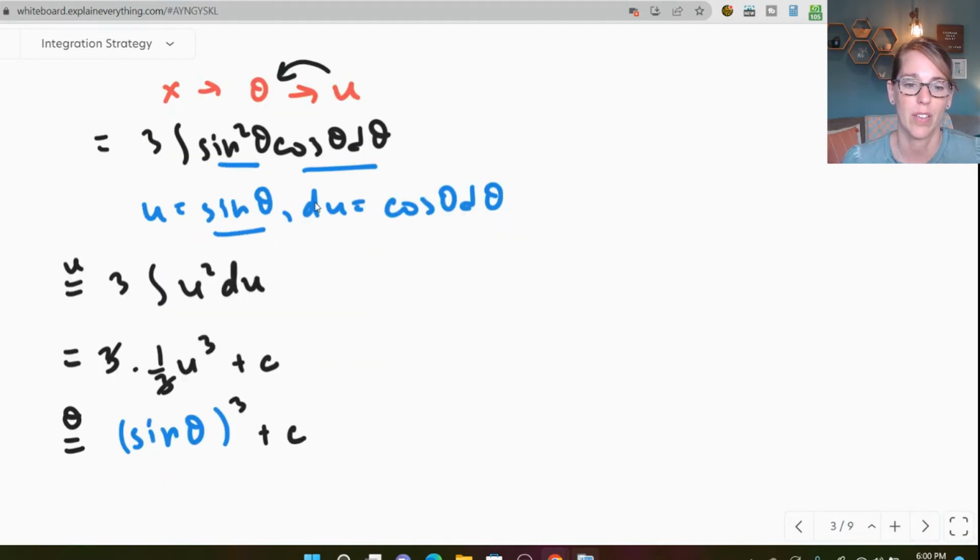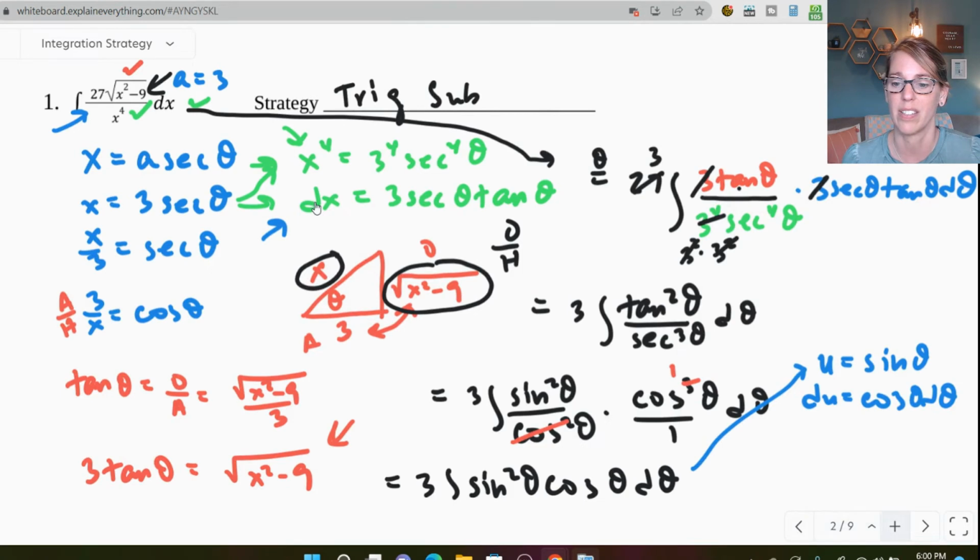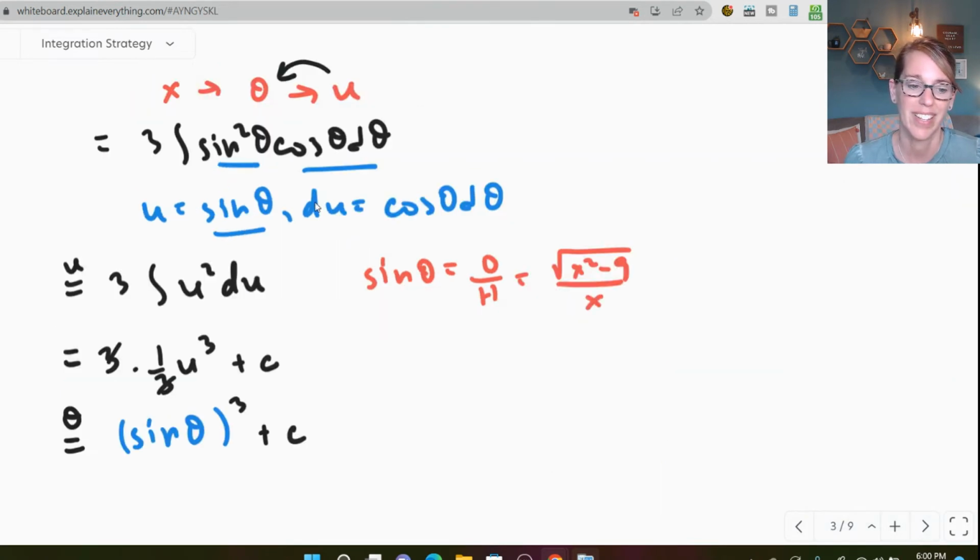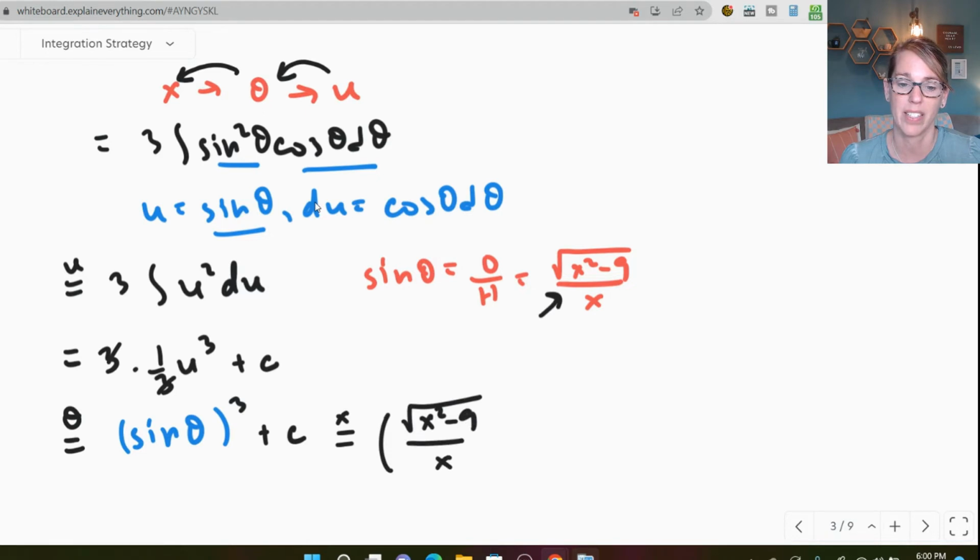So using that triangle, the sine of theta is opposite over hypotenuse, which is the square root of x squared minus 9 over my hypotenuse, which was, there it is, x. So now I can go back to x, completing that last undoing of my substitutions. This is going to become my answer now. Sine of theta is this guy right here. So it's going to be the square root of x squared minus 9 divided by x, all cubed, plus c.